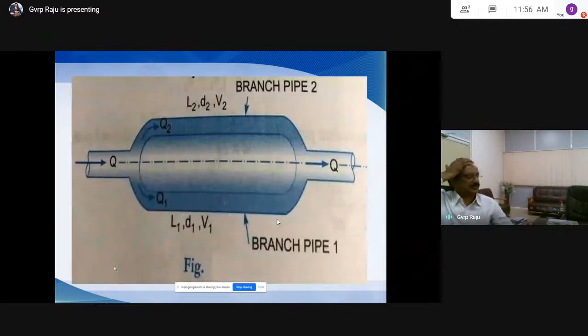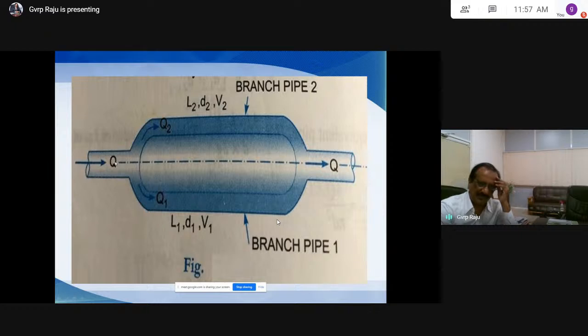This is the case. When the pipes are connected in parallel, this is the main pipe here, which is divided into 2 pipes, and again joined together in a single pipe. So these 2 pipes are connected in parallel, not one after the other, but simultaneously.